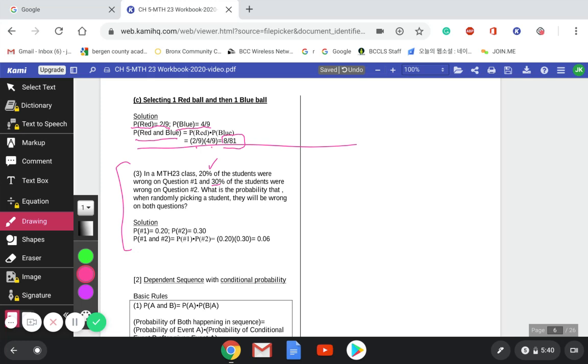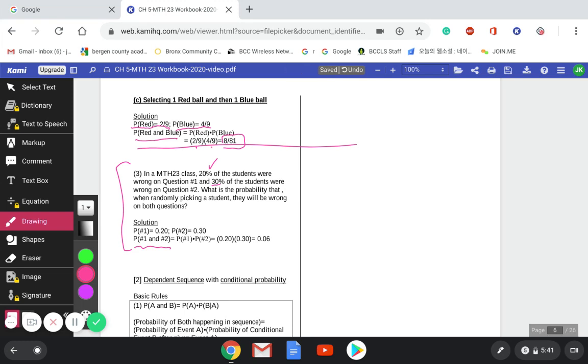So question number 1 and question number 2 are totally independent. So you can apply the regular multiplication rule for these multiple events to look for the probability of any student who gets number 1 and number 2 wrong.